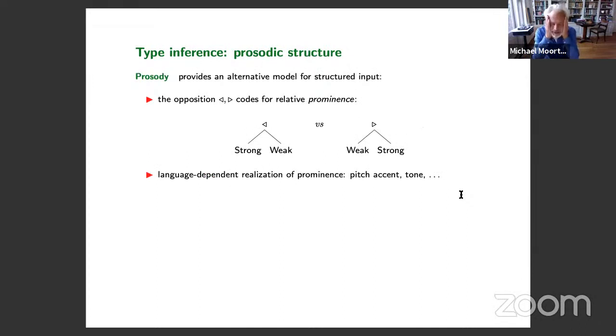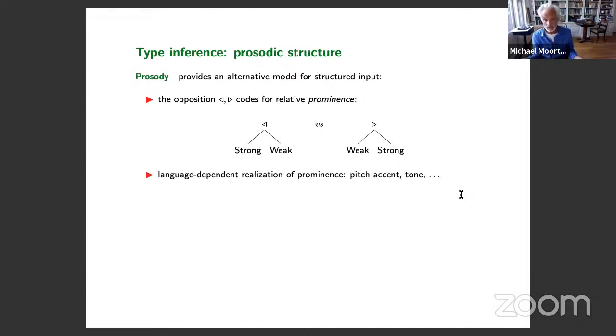But now, in order to alert you to the problem, these structured data have another obvious interpretation that you could think of, namely prosody. So in prosody, if you look at our opposition between distinguished and non-distinguished daughter, in a prosodic sense, this would code for relative prominence, actually.